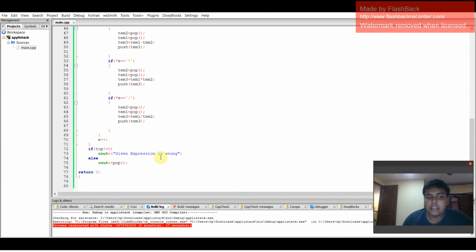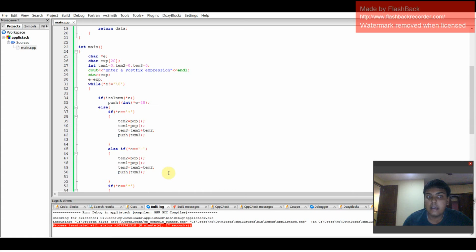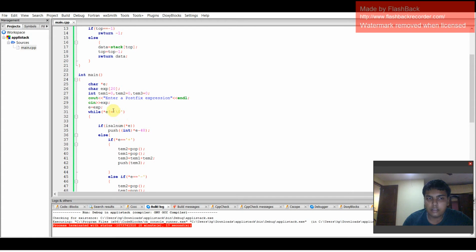And if the top is not equal to 0, that is the top of the stack. If nothing is there, it shows like top not equal to top. Normally top should be -1 during emptiness. Actually, after calculating everything, you should get -1. That shows the emptiness of the stack. If that is going wrong, the expression is wrong. In certain cases, the output itself will show it is wrong.